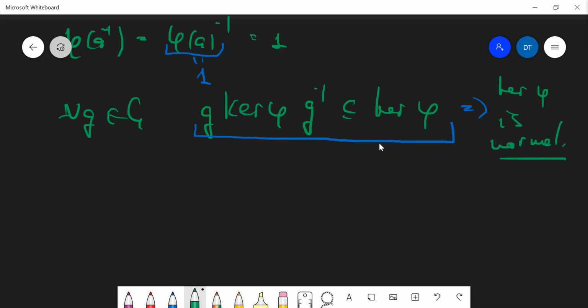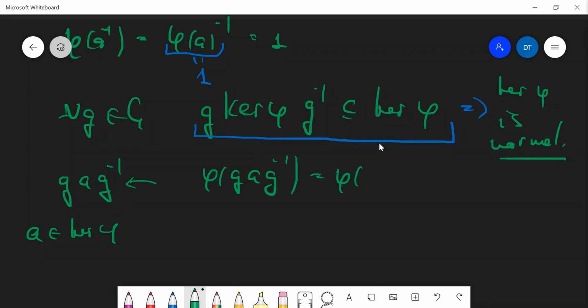Okay, let's take an element from the left-hand side. An element from the left-hand side has this form, where A is in the kernel of phi. And we want to prove that this guy is in the kernel of phi. How to check this? Let's take phi of this element and show that the result is 1.